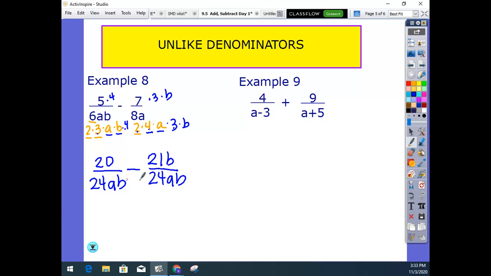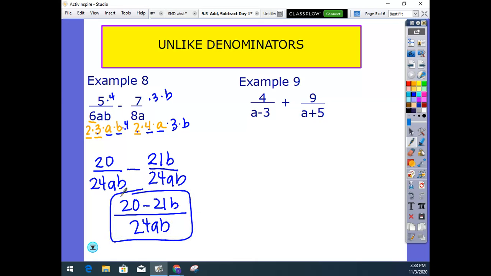So when you get done, your denominators should be the same. Now I just go straight across. 20 minus 21B all over the denominator of 24AB. All right.